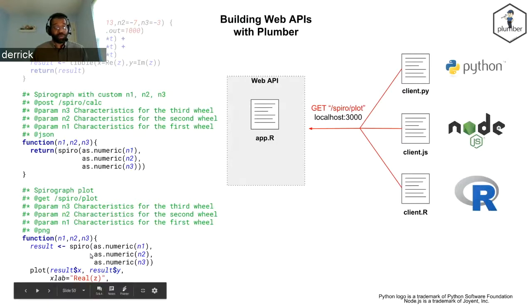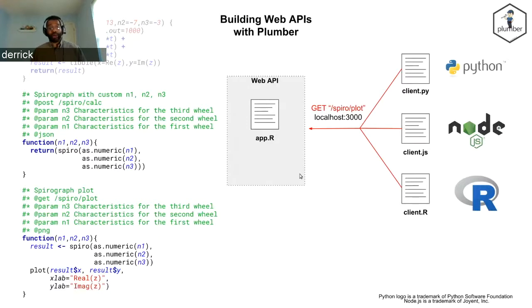When a request is made on this endpoint, we'll call this Spiro function with our 3 input values, but then we're going to plot those output values and then send that plot back to the user.